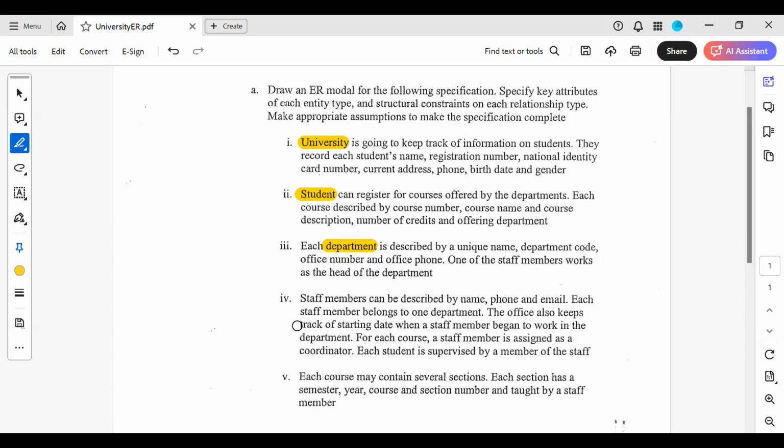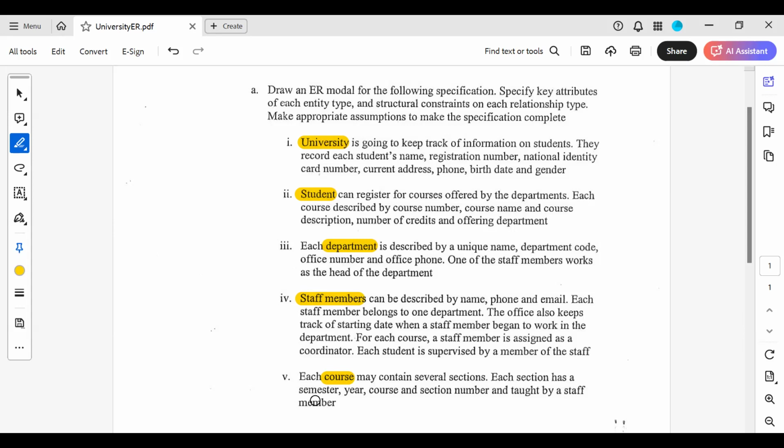Eshan said courses. Okay, we have courses. Staff members, Prasad, and then Dilru said staff. Yes. That's all.